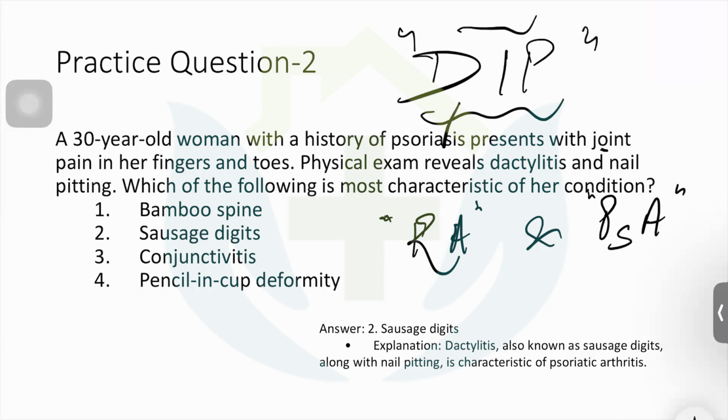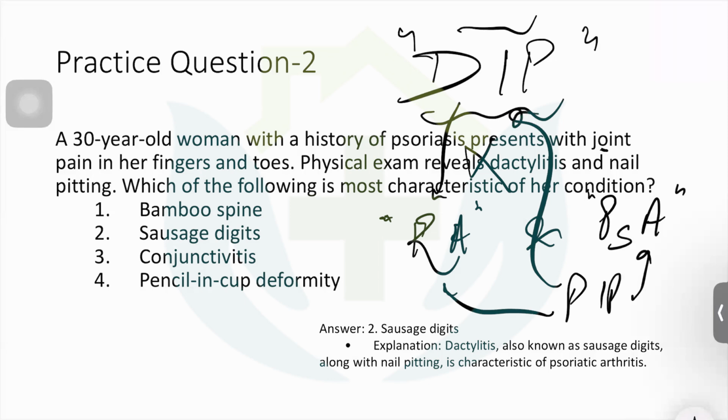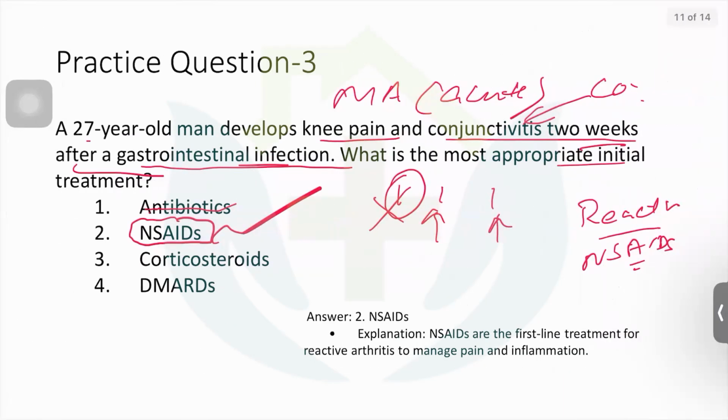If the DIP is involved, it is not rheumatoid arthritis. Although if PIP is the only joint involved, it can still be psoriatic. But if the DIP is involved, just DIP, or with PIP, DIP is also involved, then it goes out of the ambit of rheumatoid arthritis. Then it becomes more of a psoriatic arthritis.